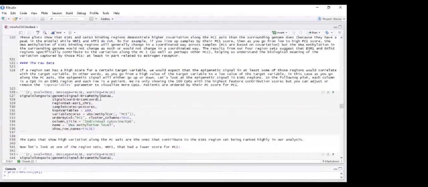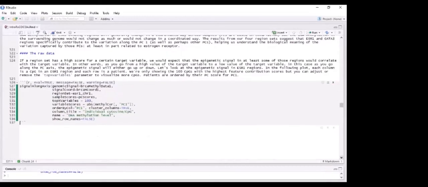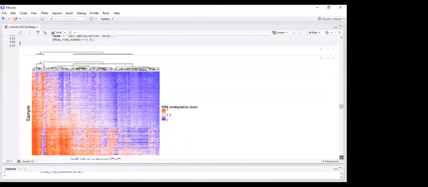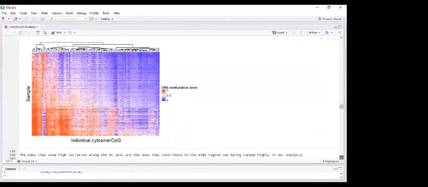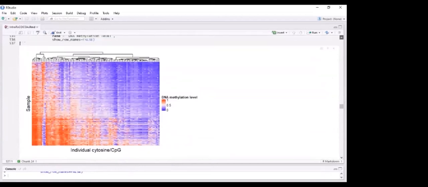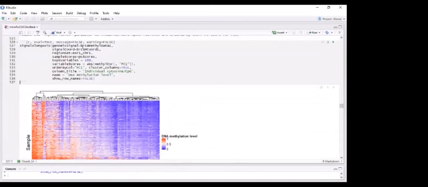One other thing we can do is to look at the raw data in our regions of interest. Those would be our estrogen receptor, GATA3, etc. Here we input a region set of interest, estrogen receptor, and we plotted the top 100 variables.